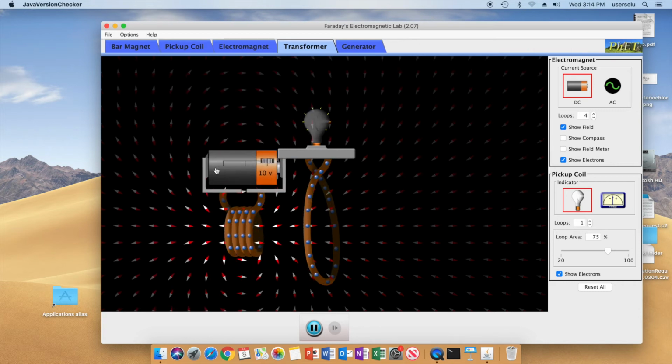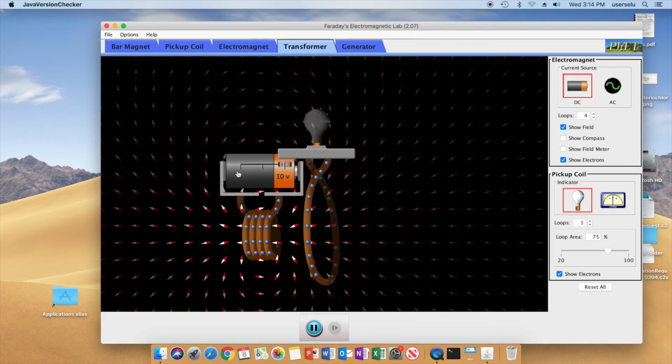Now let me move it quickly out, and you will note that the light flashes on only for a second, because the moment I stop the coils, again, the magnetic flux is constant within that loop of the secondary, so there's no delta phi over delta t.